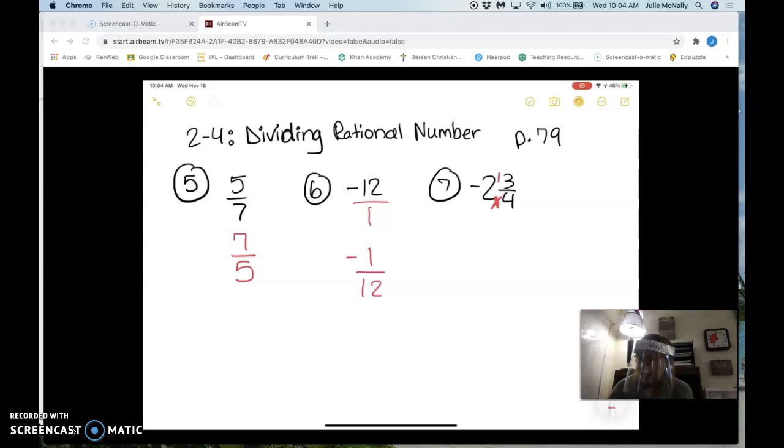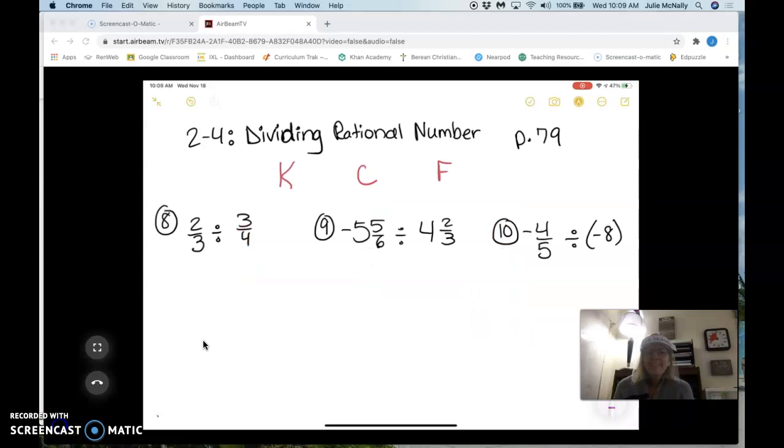And then I add in the top. 8 plus 3 is 11, and keep the bottom number the same, and keep the whole thing negative. Good. So now my mixed number is negative 11 over 4, but I still haven't flipped it. So now I'm going to flip it, and then just add that negative in, and that will be my final answer.